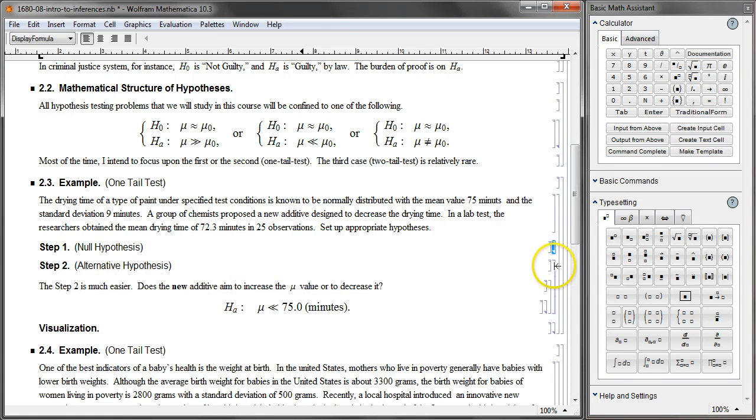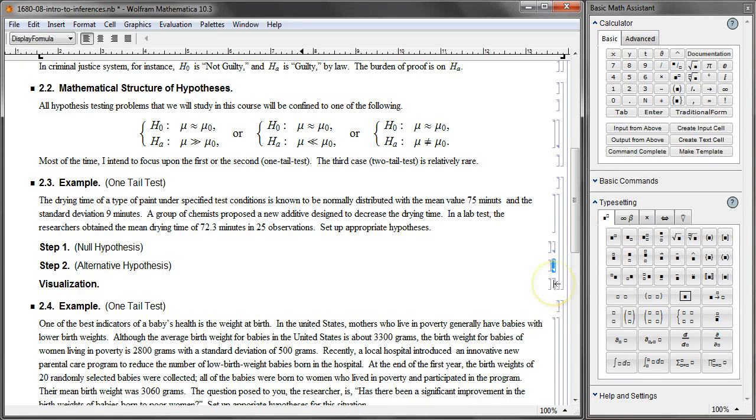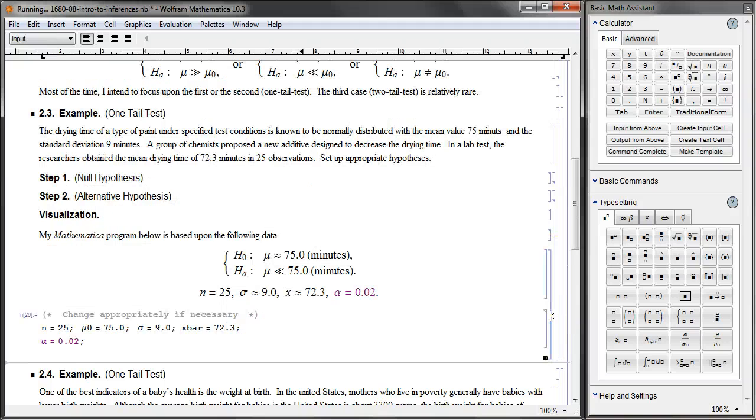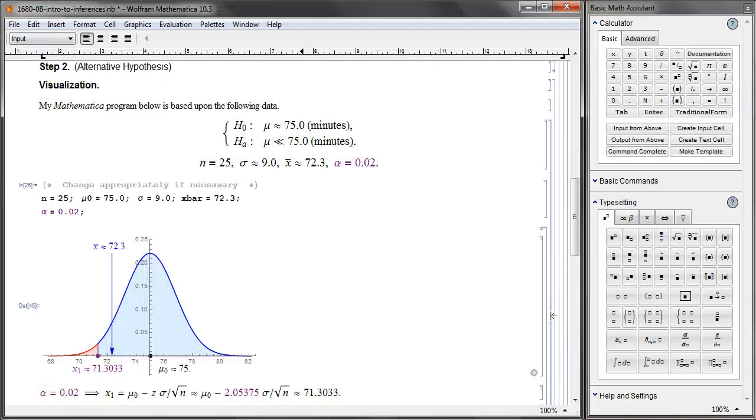If you use a normal picture, you have this kind of visualization. You have a normal distribution around 75 minutes. The null, and we have the normal picture around 75 here, and 72.3 is less than that, and the question is whether it is close enough to 75 or sufficiently far away from 75.